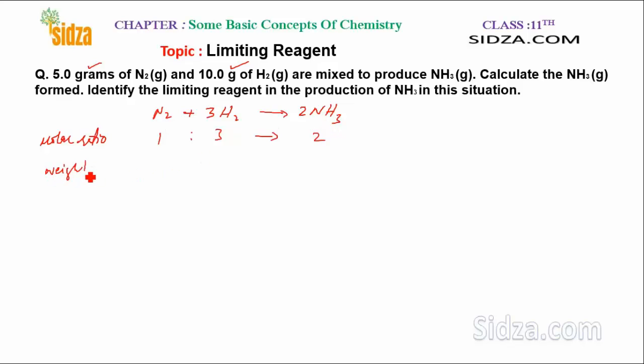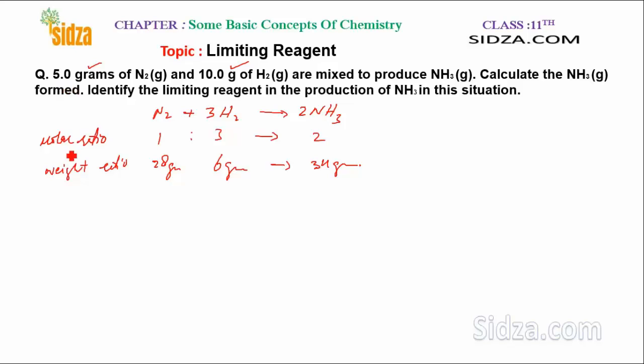So the weight ratio here will be: 1 mole of nitrogen means how much? 28 grams of nitrogen, and 3 moles of hydrogen means 6 grams of hydrogen, right? And 2 moles of ammonia means 2 times 17, so this is 34 grams of ammonia. This is the balanced equation weight ratio.